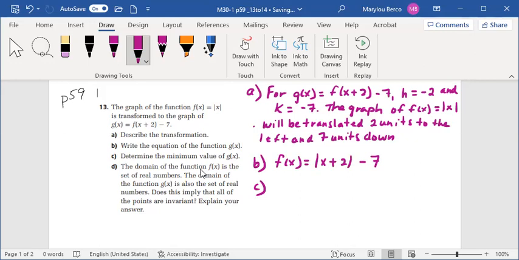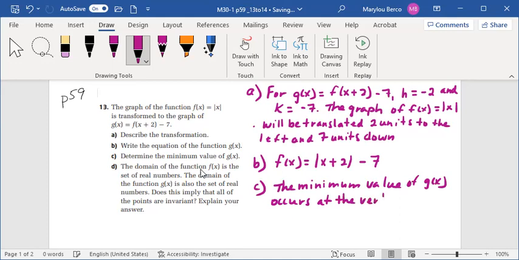Well, the minimum value of g of x occurs at the vertex of the V-shaped graph. Therefore, it'll be at negative 2, negative 7.